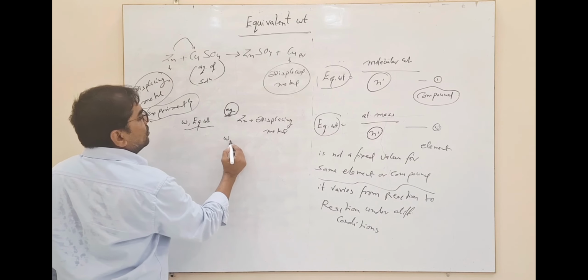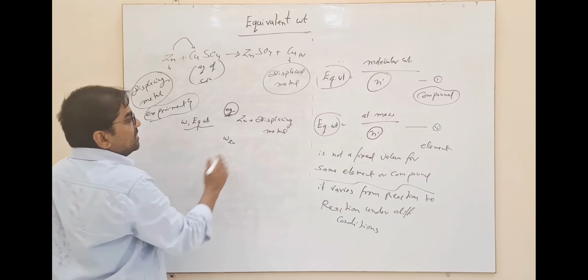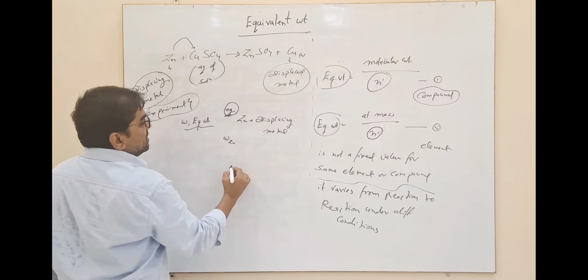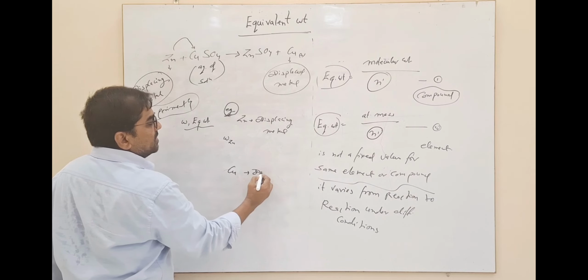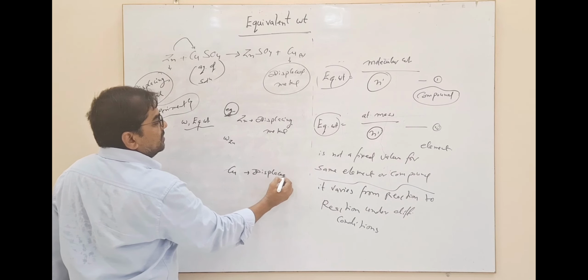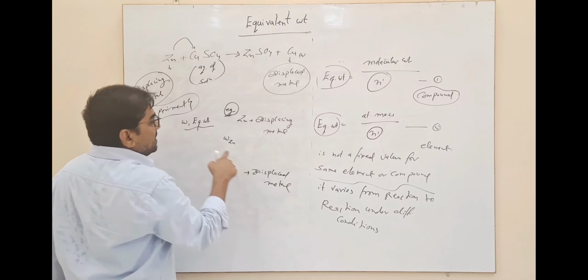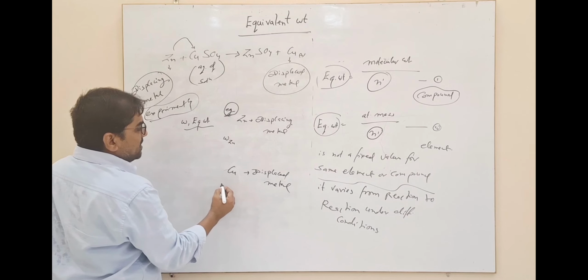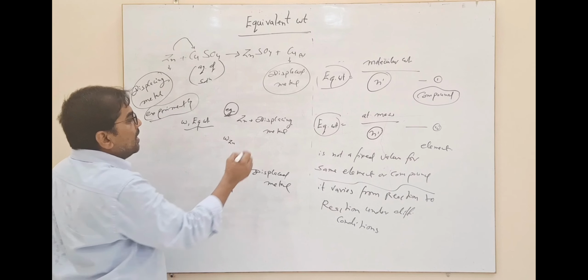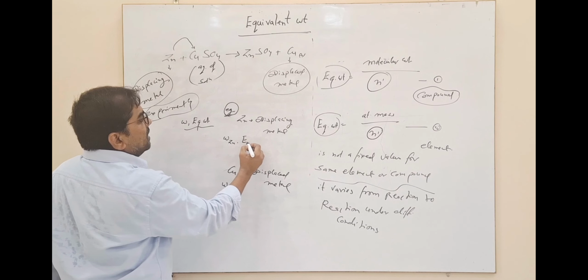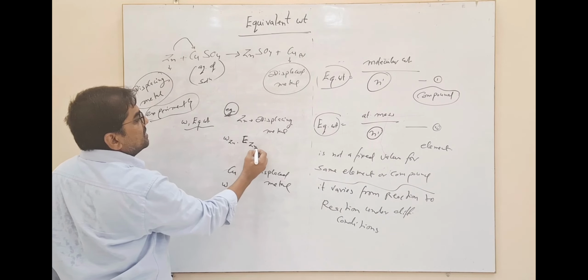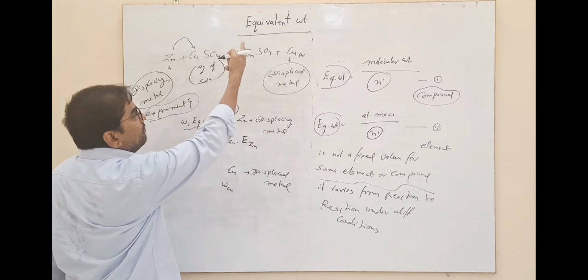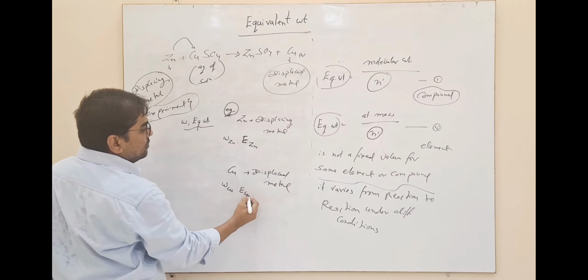Suppose W gram of zinc displaces W gram of copper, which is the displaced metal, and the equivalent weight of zinc is EZn and the equivalent weight of copper is ECu.